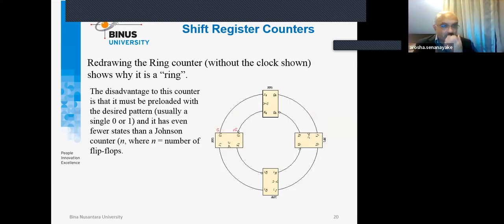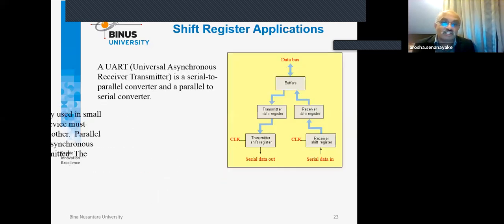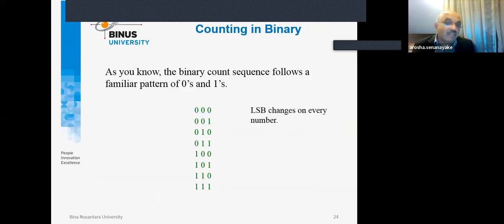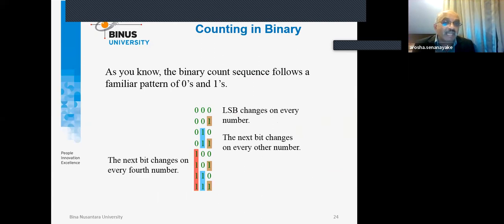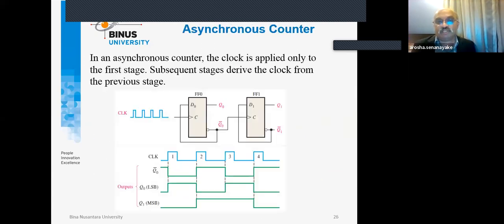But asynchronous means the clock signal is not available to activate, in other words, all flip-flops involved. Rather, it gives the clock pulse only to the first D-type flip-flop. The other flip-flops will work based on the output produced.